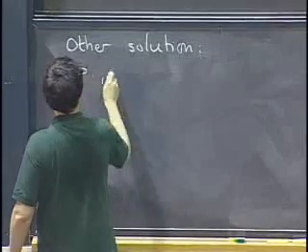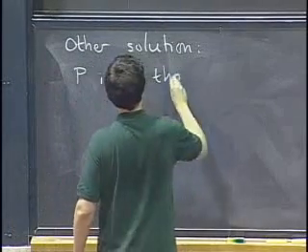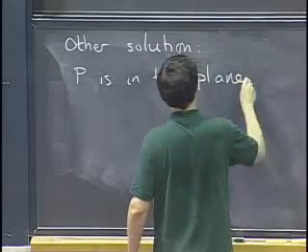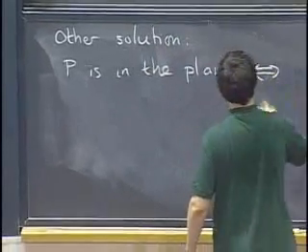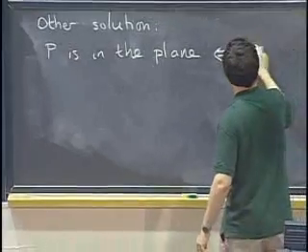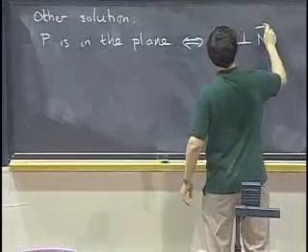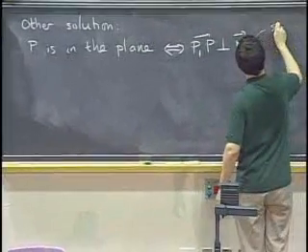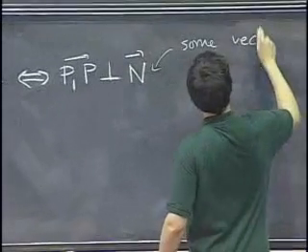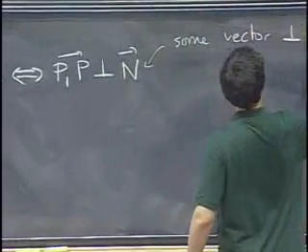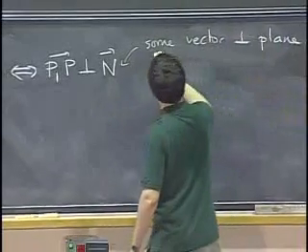Okay? So here's another solution. So P is in the plane exactly when the vector P1P is perpendicular to n, where n is some vector that's perpendicular to the plane. So that's called a normal vector.